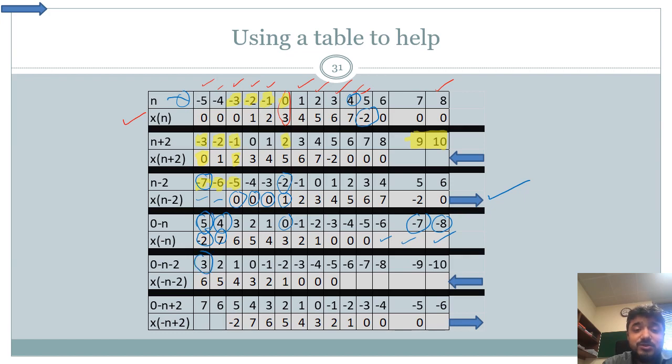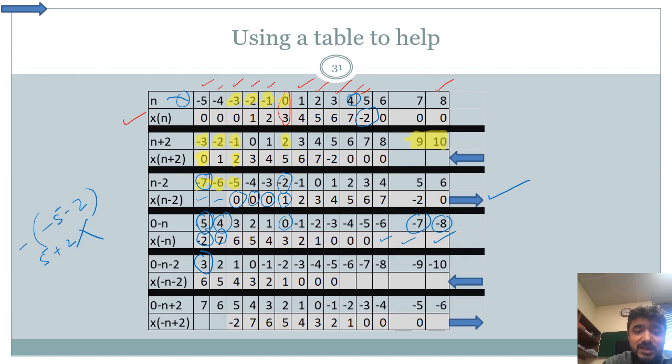Now the important thing to note is I do not do a minus 5 and then minus 2, and I do not do this whole thing to be minus, which would become 5 plus 2. I'm not doing this. What I'm doing is I'm doing it step by step.